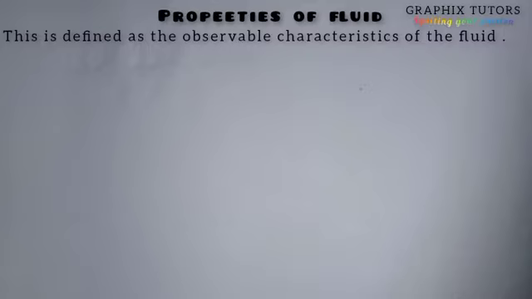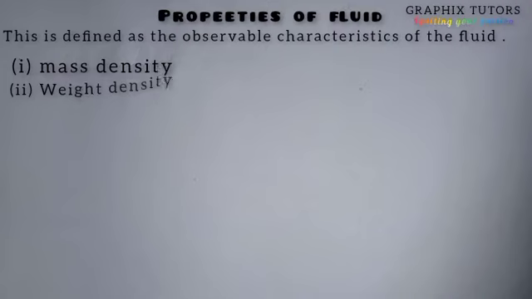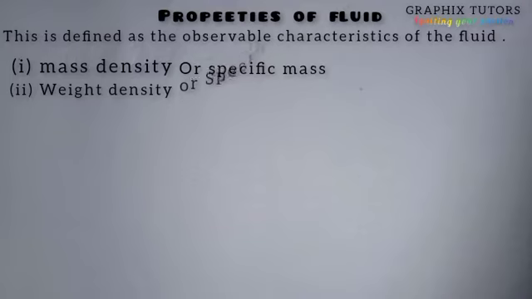And we have different types of property, which I will name now. The first one, we talk about the mass density. The second one, the weight density. The mass density is also known as the specific mass, while the weight density is also known as the specific weight.